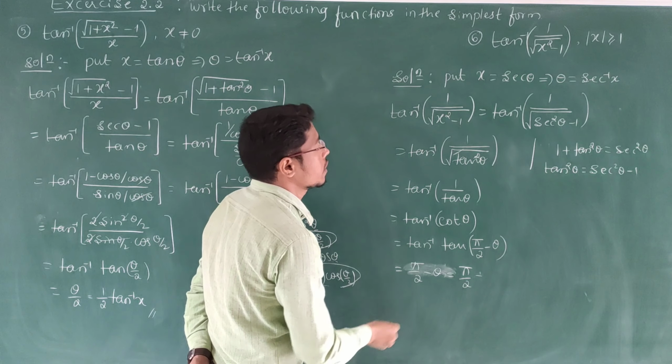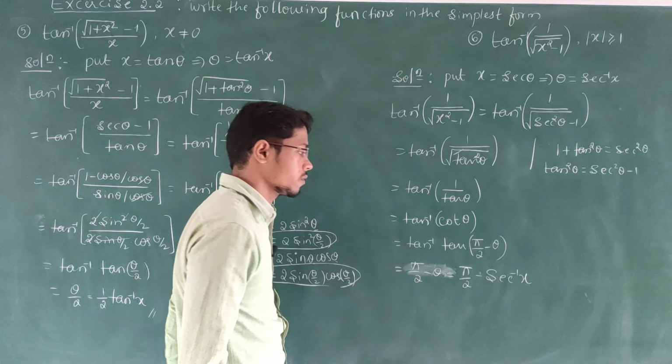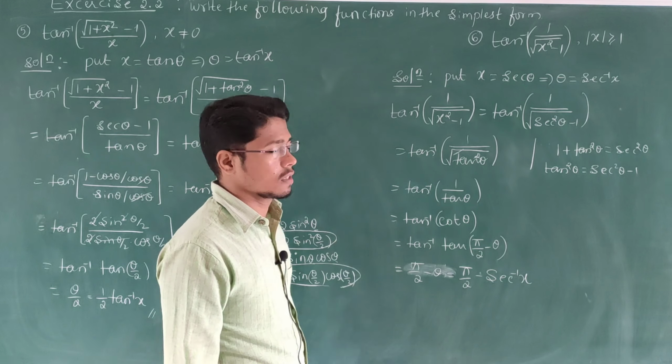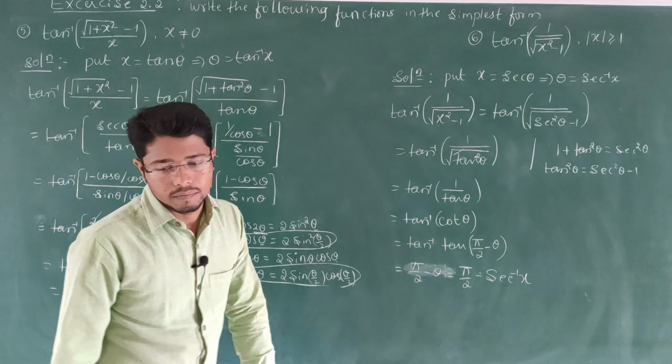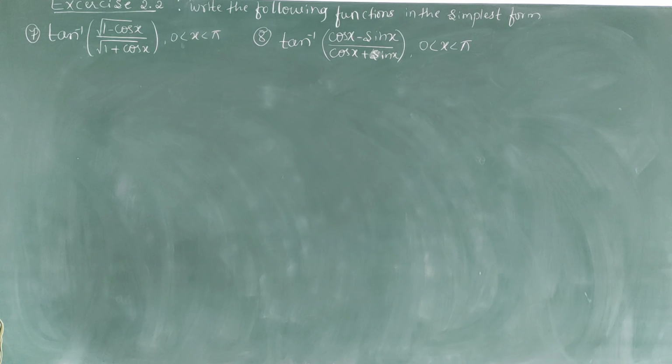What is the value of theta? Sec inverse of x. So the value is pi by 2 minus sec inverse of x. This is the sixth problem.